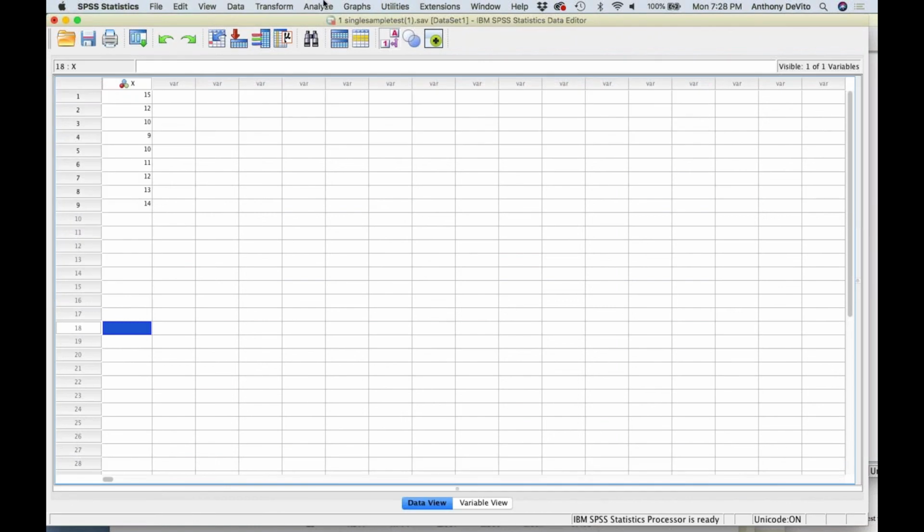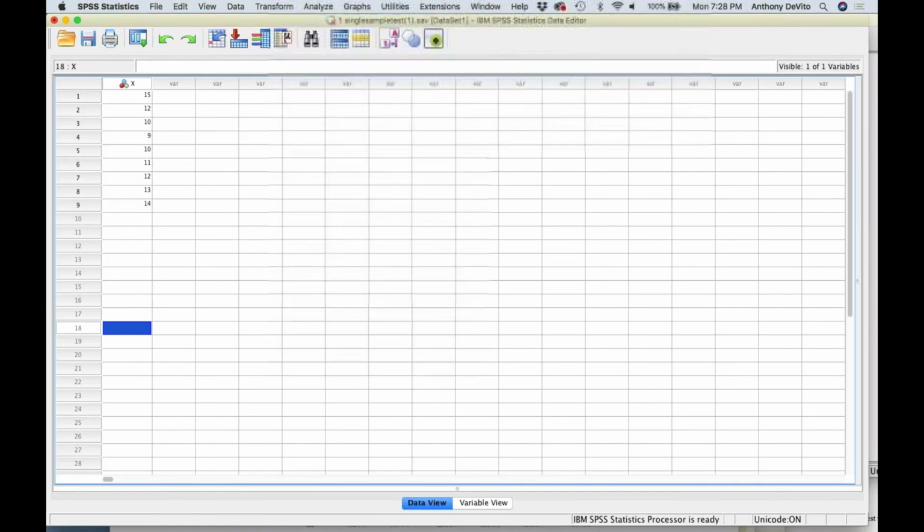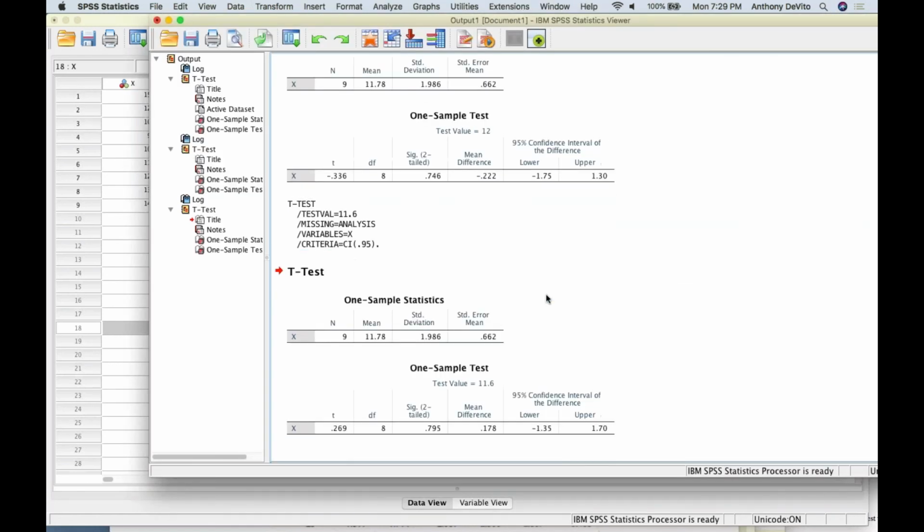Analyze, compare means, one sample t-test. Let me see if it comes out any better.